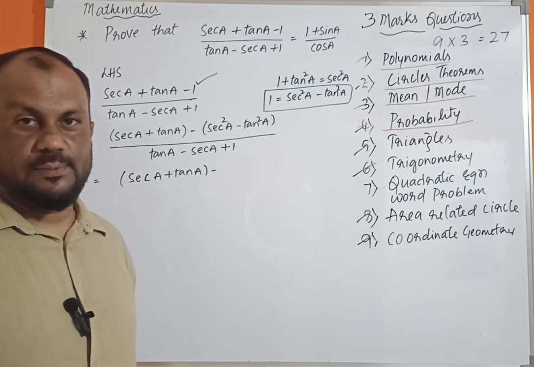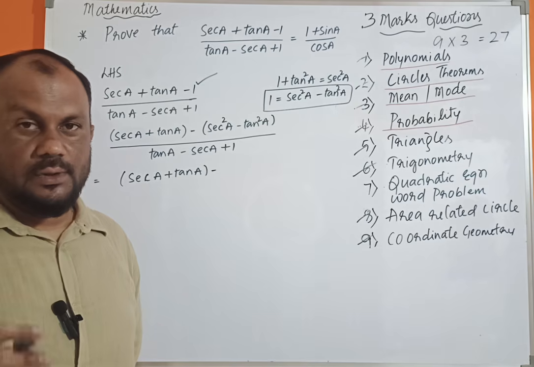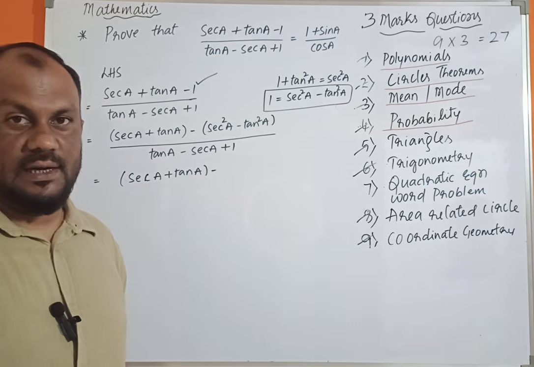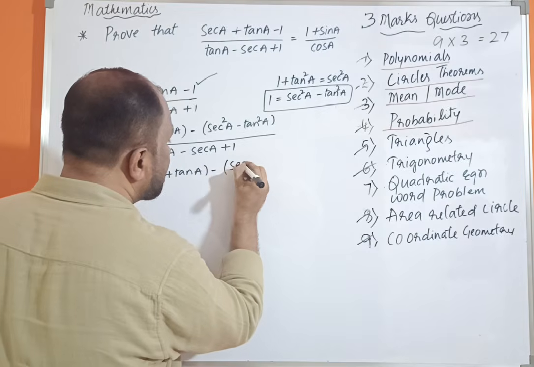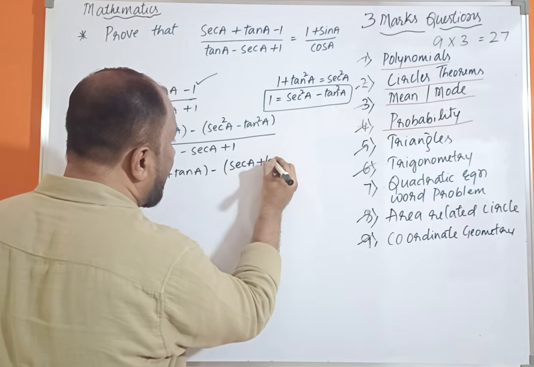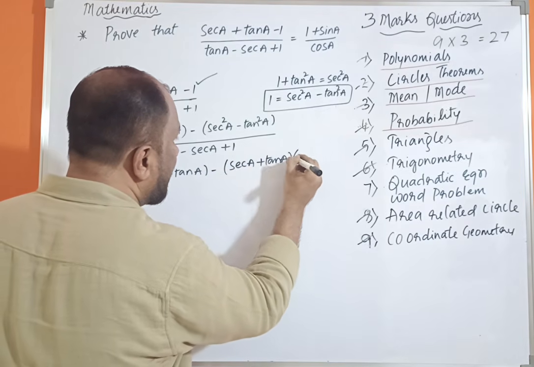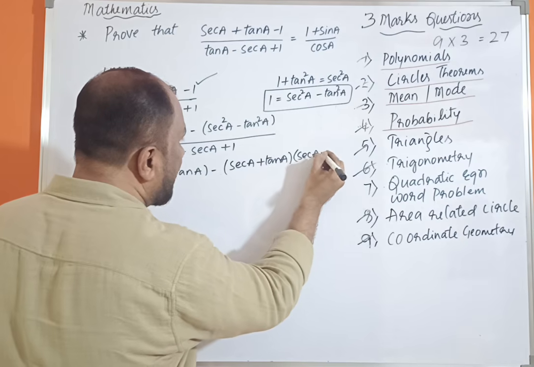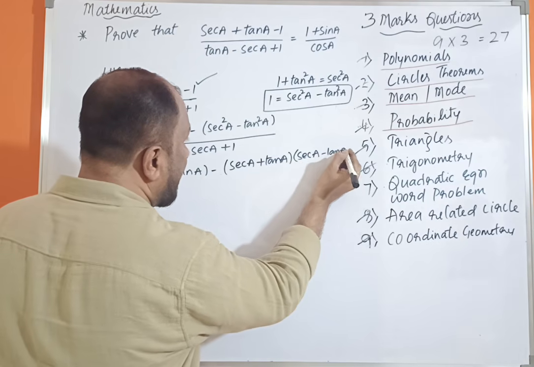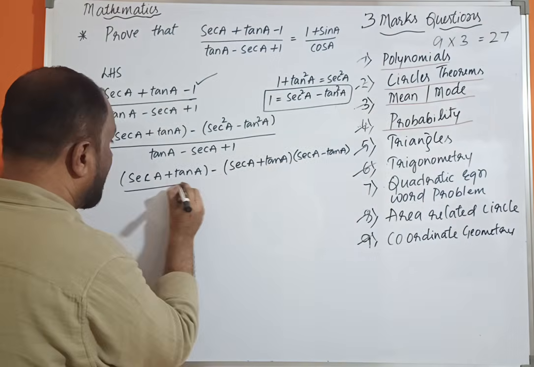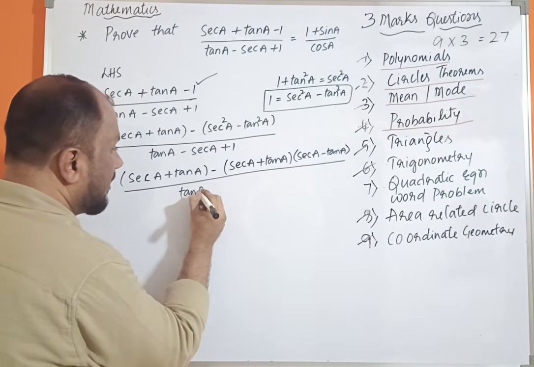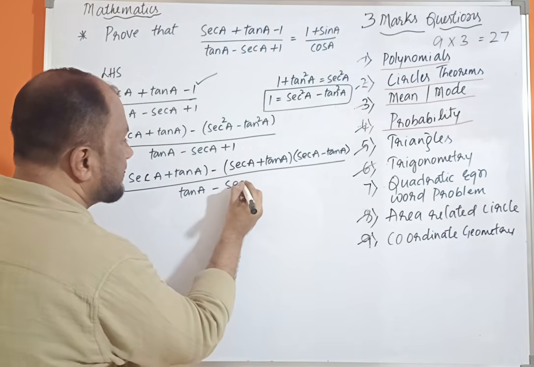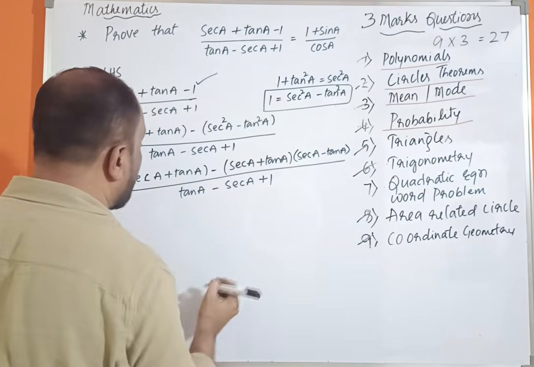A square minus B square is equal to A plus B into A minus B. So now we write secant A plus tan A in a bracket, secant A minus tan A, divided by tan A minus secant A plus 1.